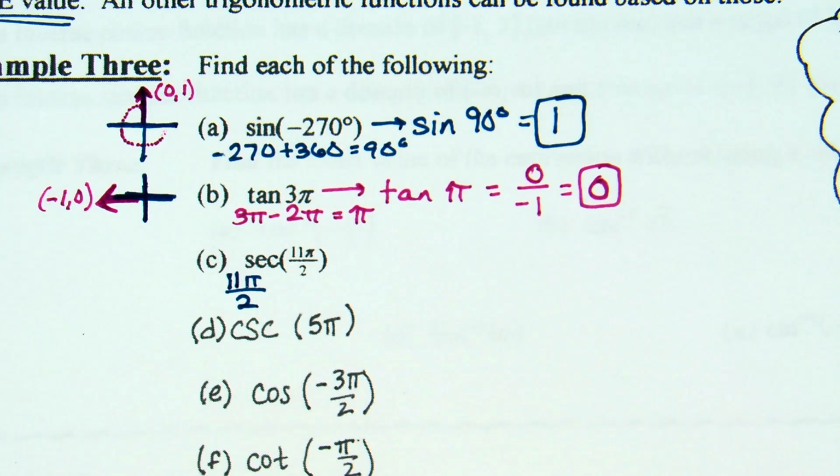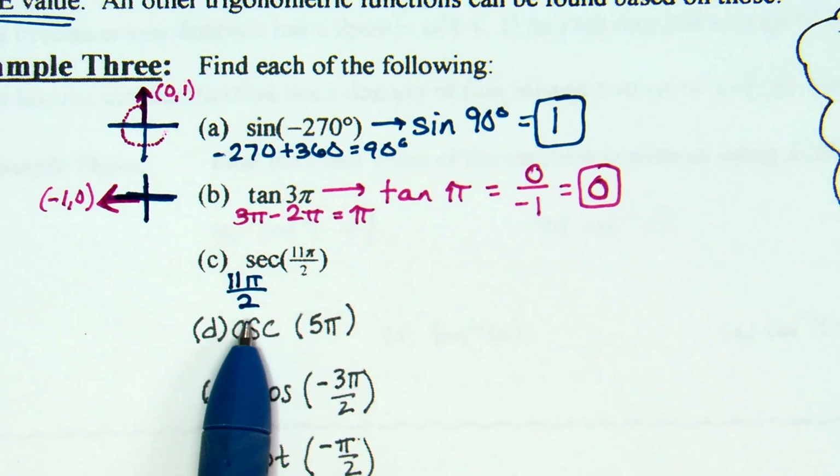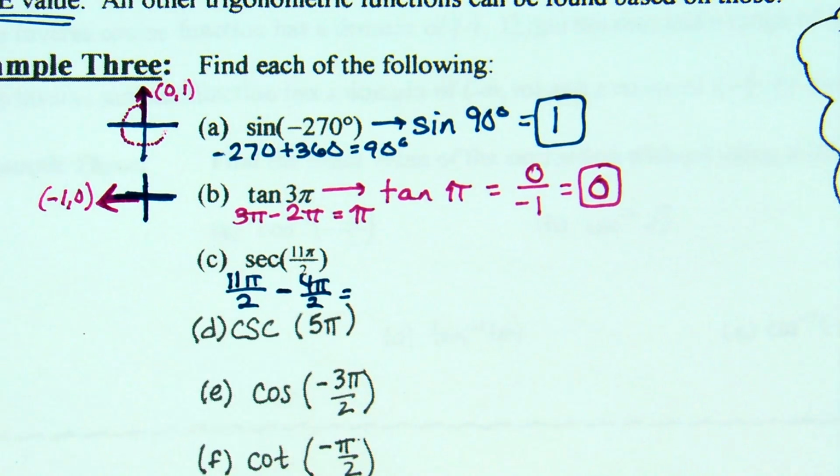But what is 2 pi in terms of halves? It's 4 halves, right? Because if I want a denominator of 2, we're multiplying that 2 pi by 2, so I'm going to subtract off 4 pi over 2. What is 11 pi over 2 minus 4 pi over 2?